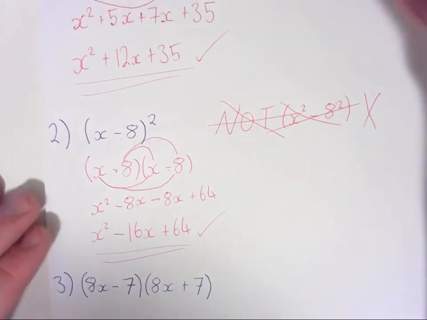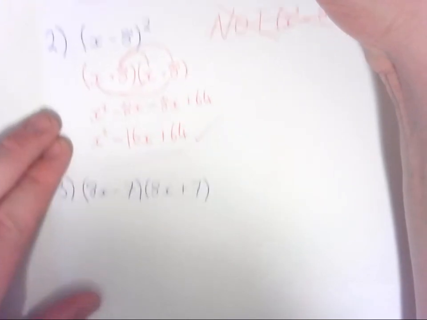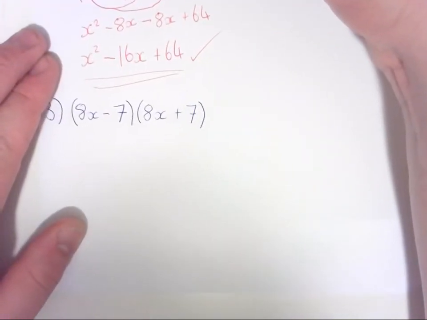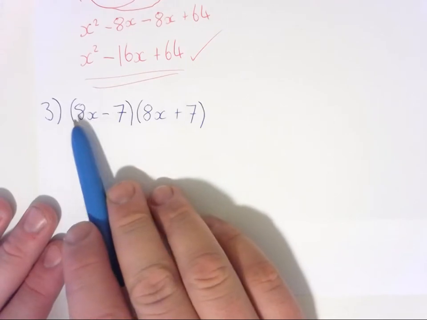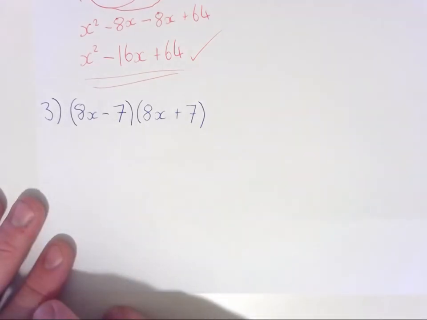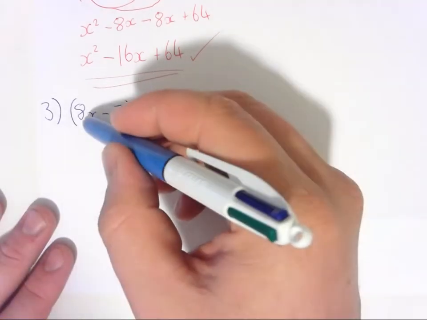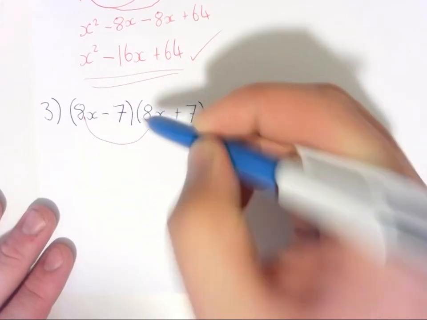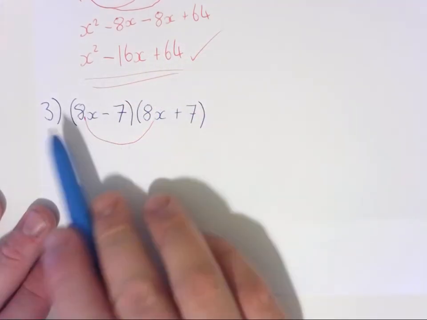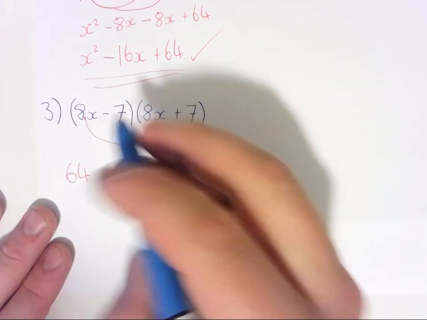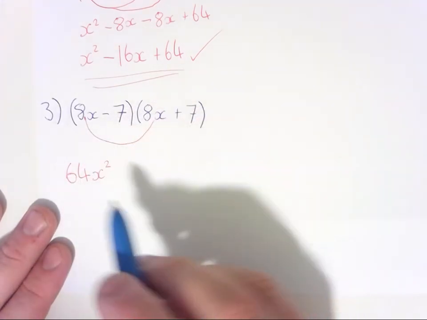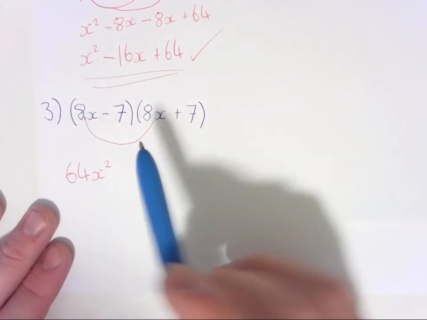Next one I'm going to look at, we're still going to use our FOIL method, but this time it isn't just x, it's 8x and 8x here. First two terms, 8x times 8x, 8 8s are 64, x times x is x squared. You're doing this whole lot together.